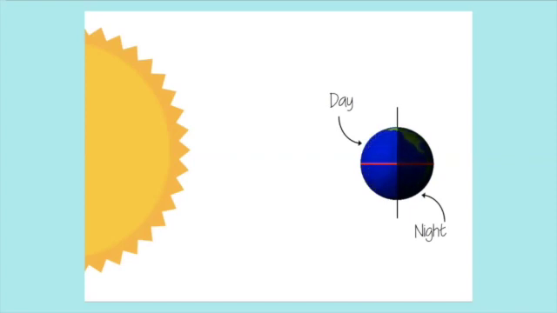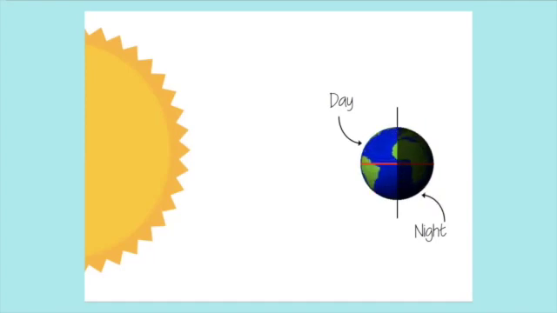Now, in this diagram, the Earth's axis is straight up and down compared to the Sun, but that's not actually what the Earth looks like. If this were true, almost everywhere on Earth would be in the light for half of the day and in dark for half of the day, meaning that they would have equal days and nights all of the time.